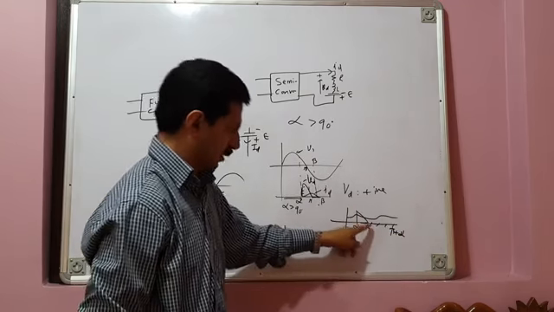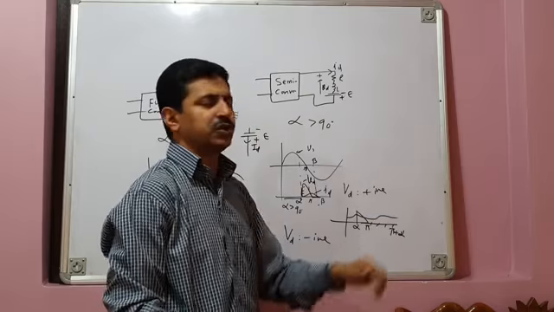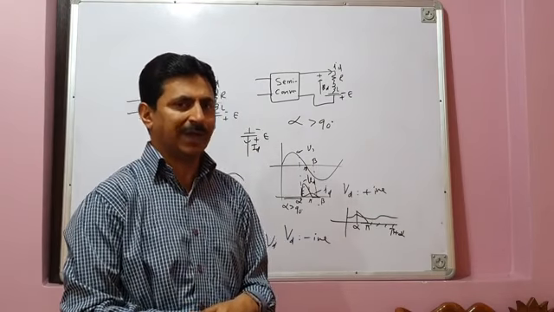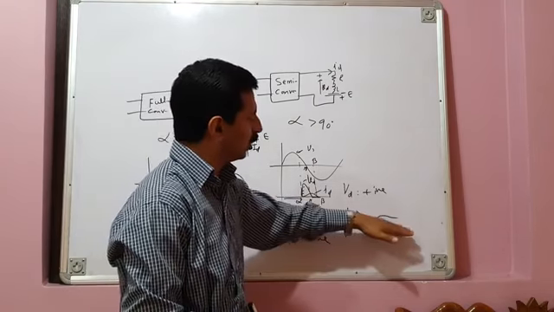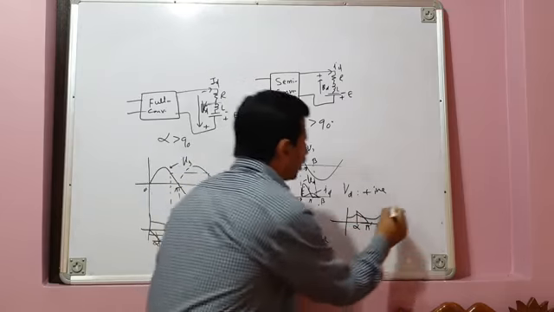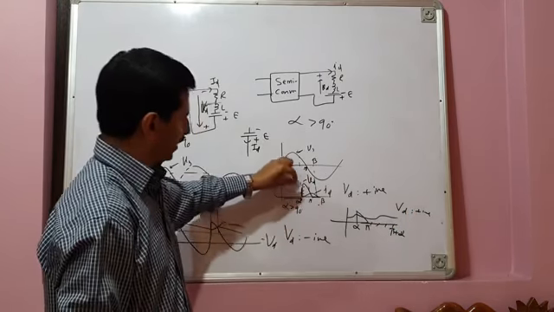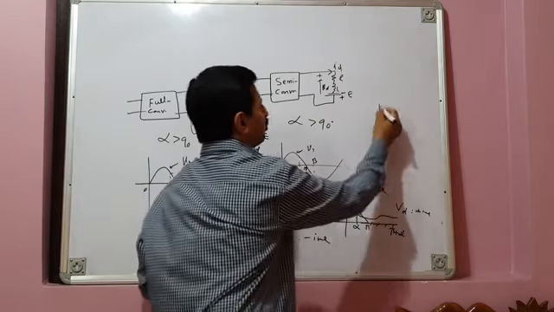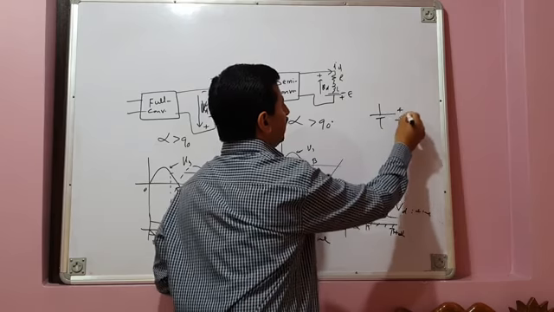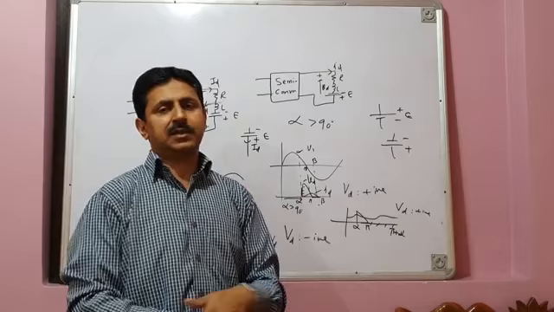Since freewheeling mode is there for a larger period, negative voltage during freewheeling mode does not appear. Freewheeling mode means your load is shorted by devices and load voltage is zero. So average output voltage here still remains positive, whether E has this polarity or that polarity for a semi-converter. Average output voltage will always remain positive.